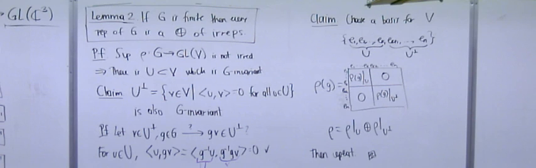A new basis for C3 is given by first a basis for this guy, well, 1, 1, 1, and then a basis for this guy. So I can do this in different ways. Let me do it compatibly with how I did it in my notes, which is like this.